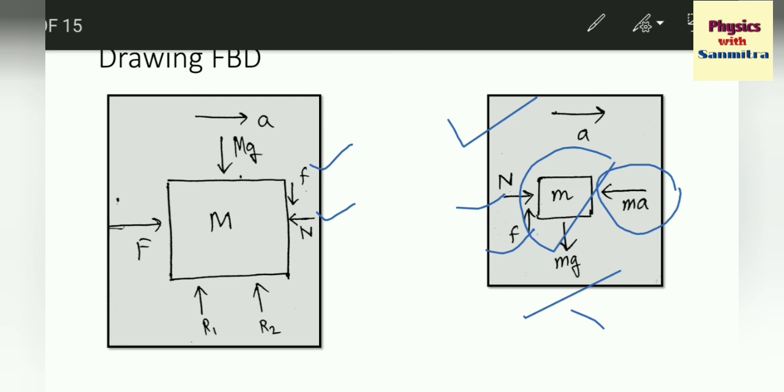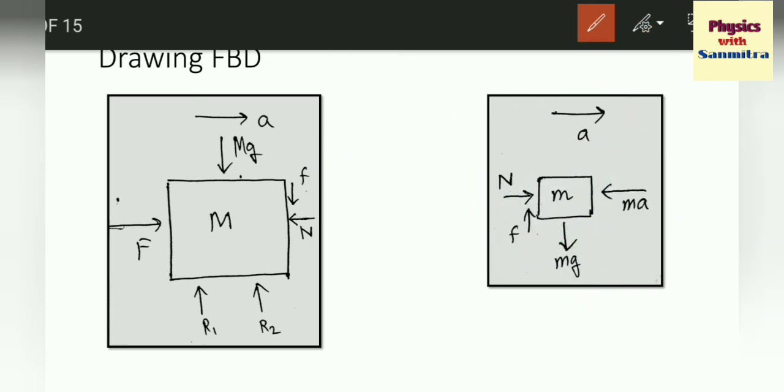This is moving with an acceleration a. As I said, they are not slipping, so this will also move with an acceleration a. Since it is moving with an acceleration a, this will experience a pseudo force, m into a, in the opposite direction to that of the acceleration. Now our free body diagram is complete.